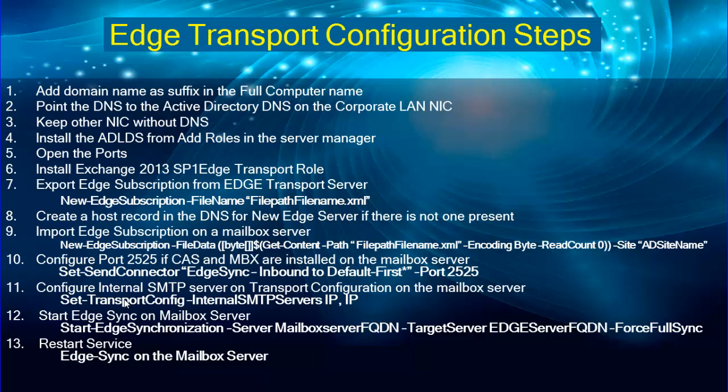Ben was talking about step number 11, where we add internal SMTP servers to secure them. The emails should go to them. So step 11 will exclude all rules? Yes, step 11 excludes all rules. It will say this is the internal SMTP server, don't do the scanning for this, from that server's point of view.